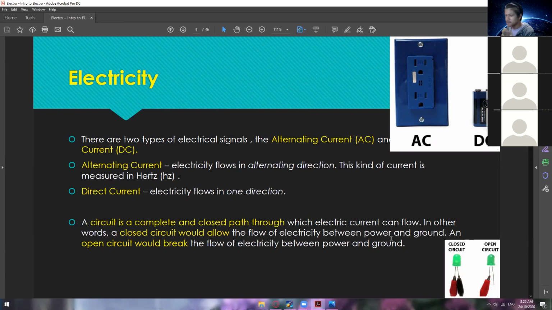That is where our VOMs are checking if there's a connection between the power and the ground. For the closed circuit, of course, we have the connection for the power and then the ground. For an open circuit, maybe the ground is the only thing that is connected and the other one is not, or vice versa. The power is the only one connected, and the ground is not.